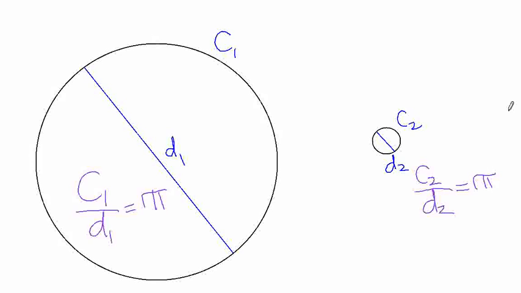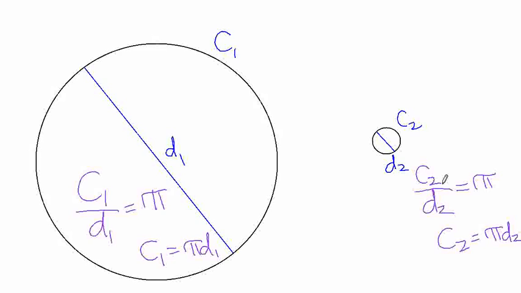So that gives us a formula to calculate the circumference of any circle. In these two purple formulas, if you multiply both sides by the corresponding denominator, what do you get? You get C1 equals pi d1 for the big circle, and C2 equals pi d2 for the little circle.